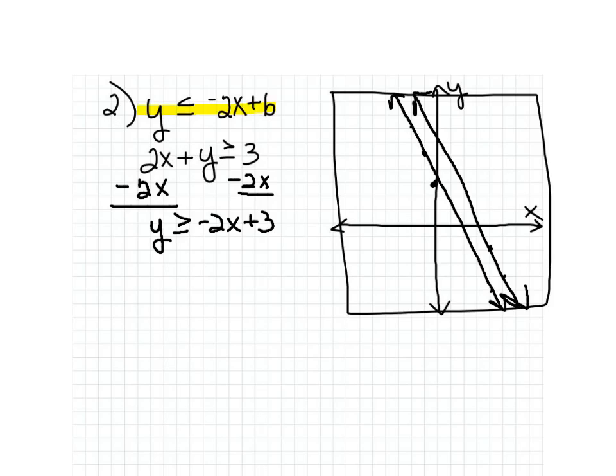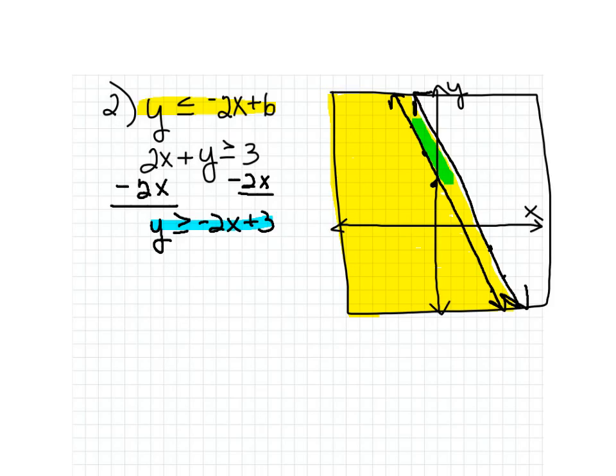Okay, so I'm going to graph the first one in yellow. I'm going to highlight my solutions in yellow. So y is less than or equal to, so I'm going to go down below that first line, everything below is going to be highlighted in yellow. And then for the second inequality, which I'll do in blue, says that y is greater than or equal to negative 2x plus 3.